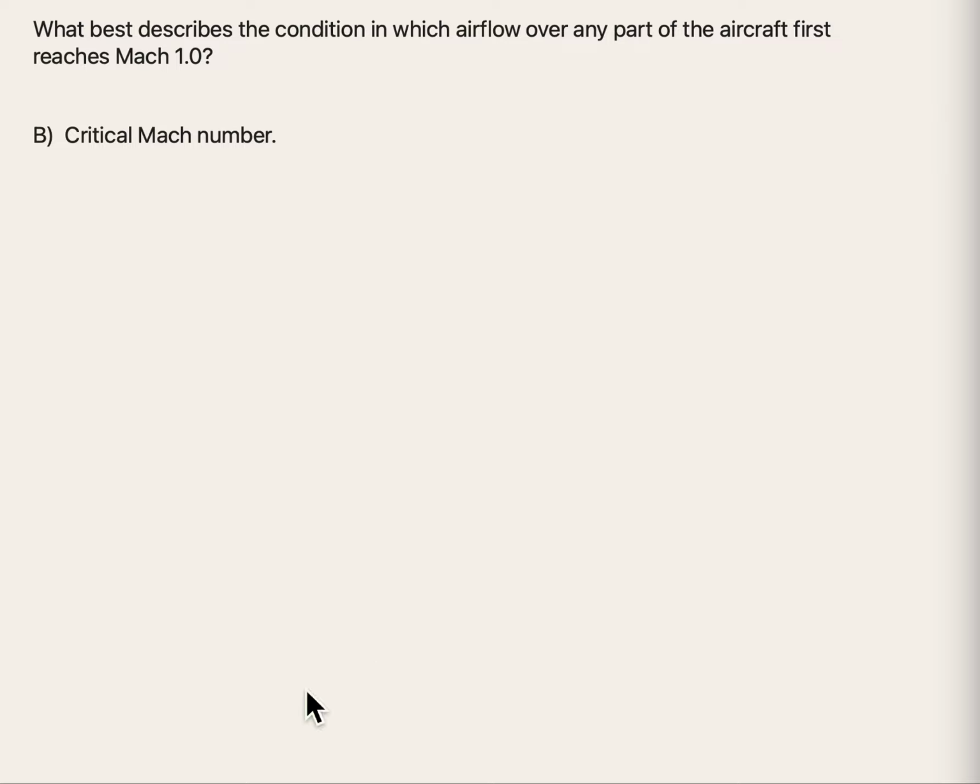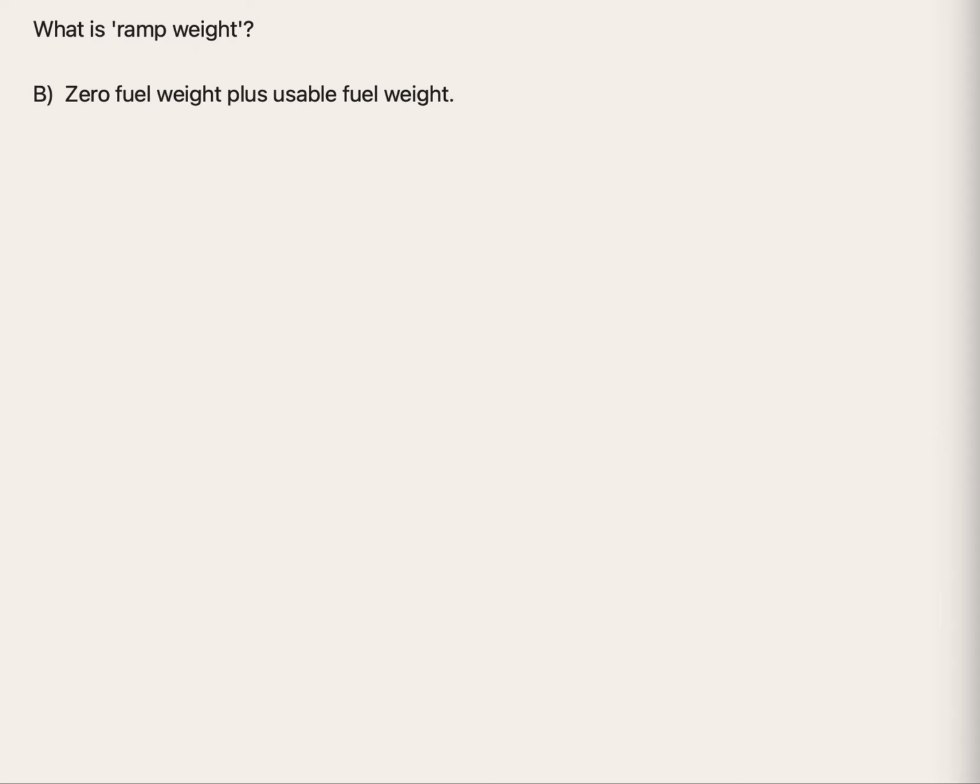So the airplane might be going 0.8 Mach and might already be at the critical Mach number. Critical Mach number is the condition where airflow over any part of the aircraft reaches Mach 1.0, which is basically the speed of sound.